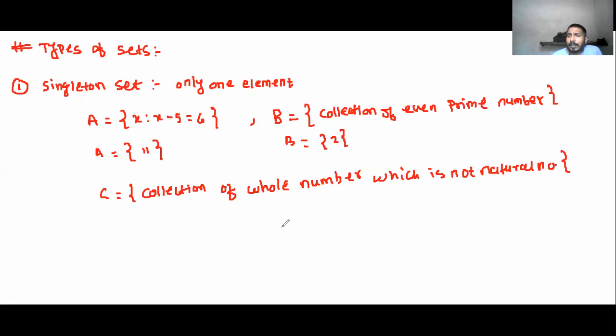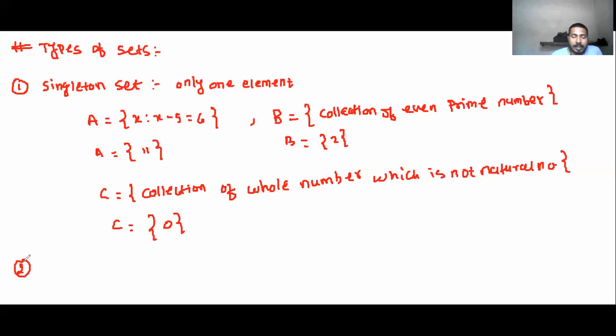Is it a singleton set or not? Yes, sir, it is a singleton set. Why? Because in the collection of whole numbers which is not a natural number, the only element is 0. So it is a singleton set. So singleton set is clear?